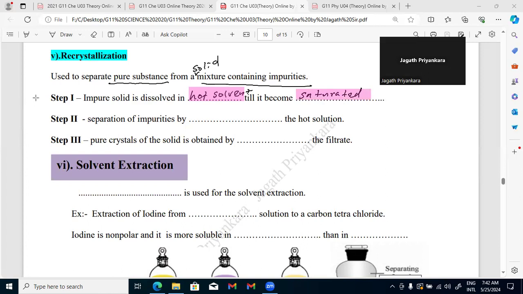Saturated means it's a very thick solution. Otherwise, you will not be able to get crystals even when you cool it. After that, students, separation of impurities by cooling.